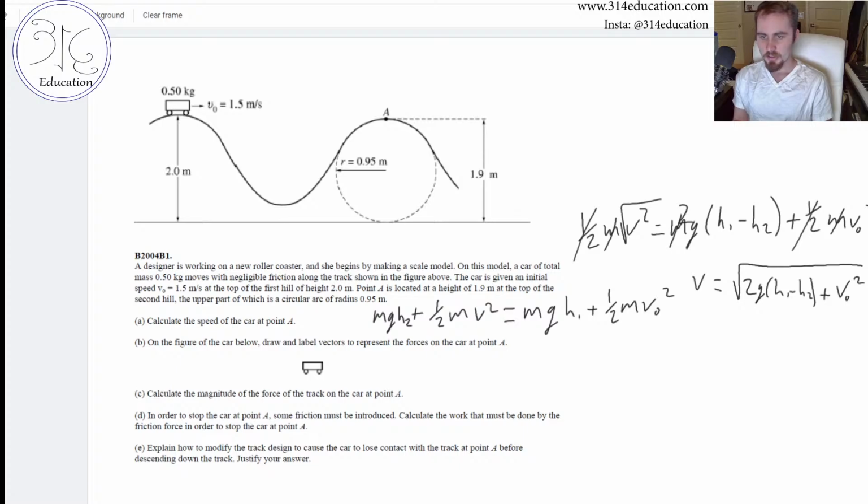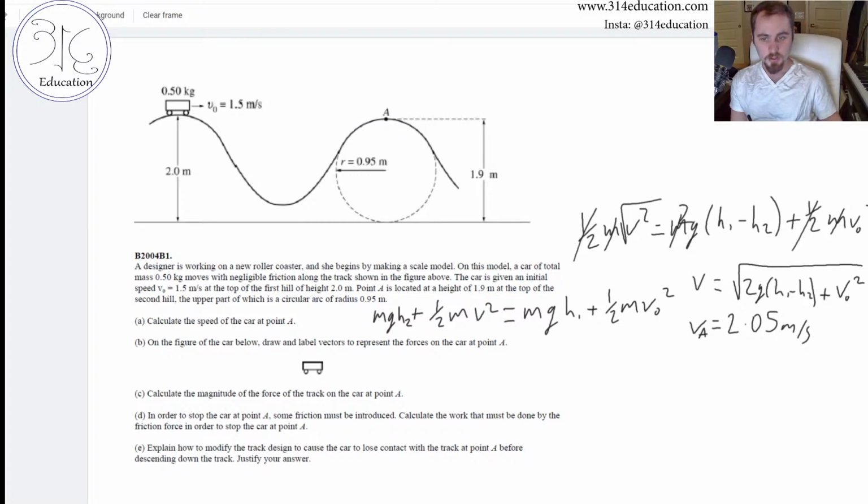Good. That they are, giving us a final velocity, or velocity at point A, of 2.05. I'm actually going to label that as VA. And that's meters per second. So a little bit faster than 1.5. But again, we're at the top of a hill, so we kind of expect this to be pretty comparable.